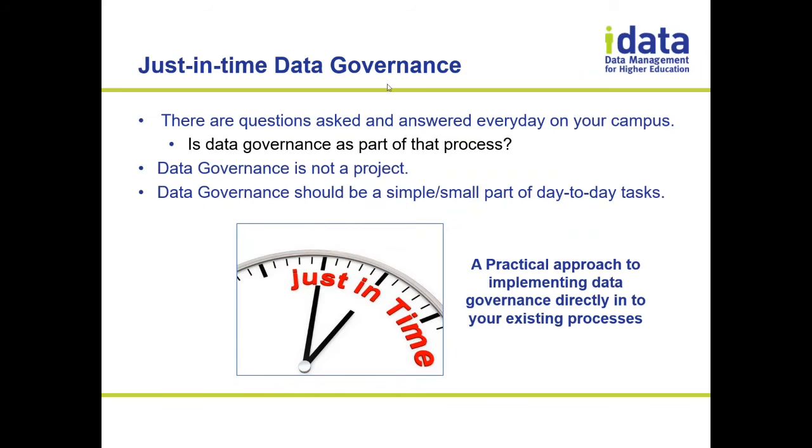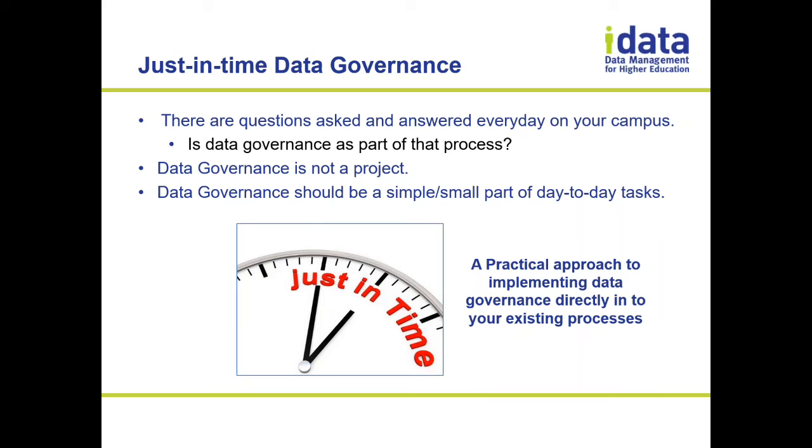The better way to think about this is to take a just-in-time approach. There are questions being asked and answered every day on your campus, and is governance part of that? Can the people who need information, or are looking at information or asking questions, find the advice or resources they need? And this is an important point: data governance is not a project. It's not something you design as a document that gets put on a shelf.